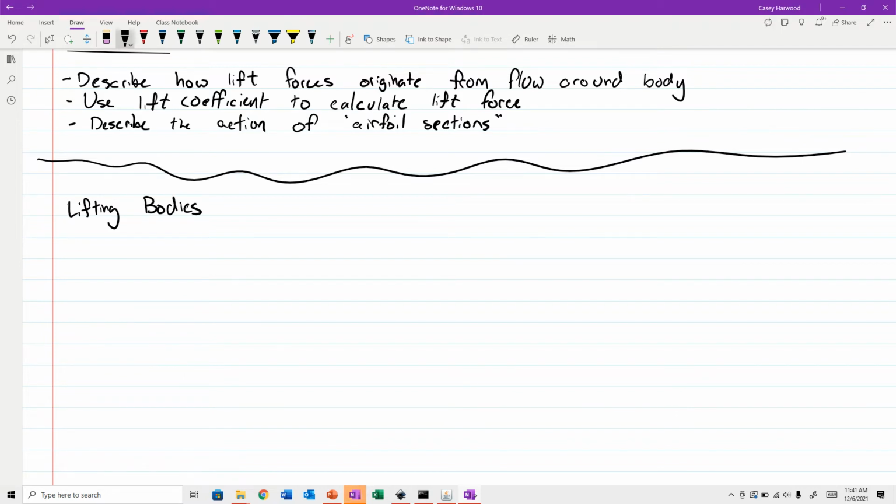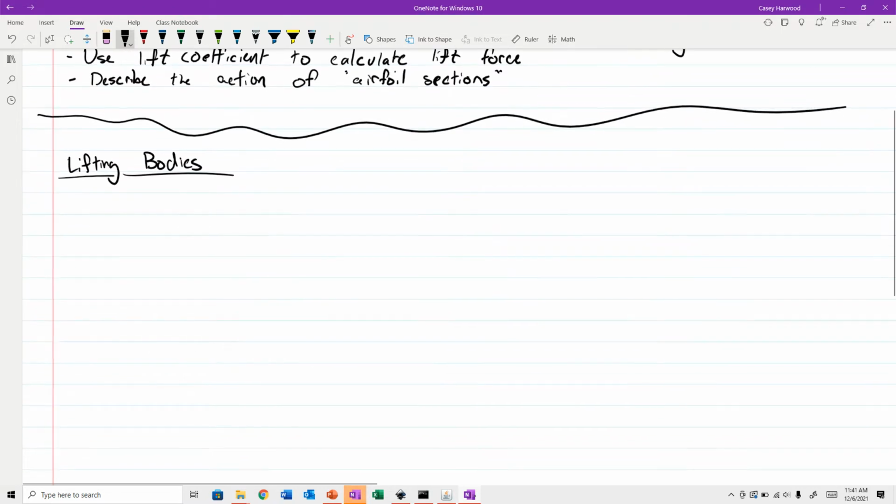So lifting bodies, like these airfoil sections, the idea is, like I said, they're designed so that they produce lift when they are somehow oriented in a way that is not symmetric with respect to the flow. So we saw the example of a symmetric foil.